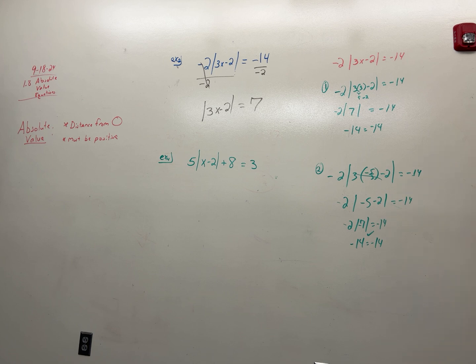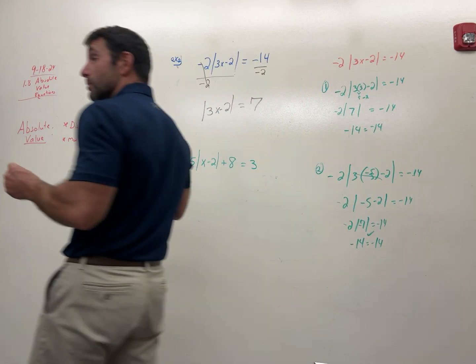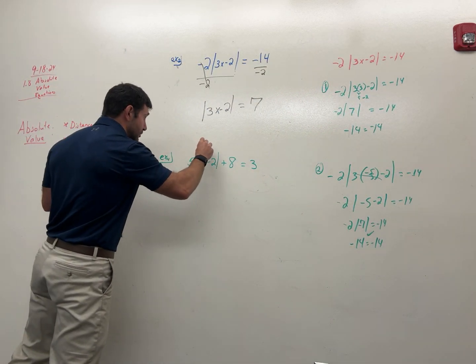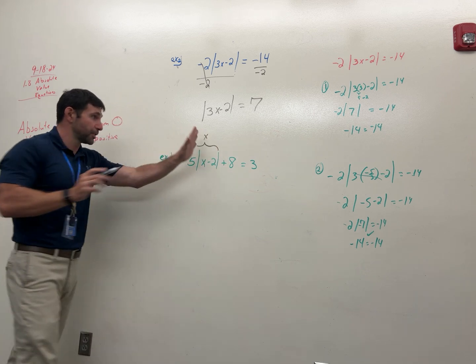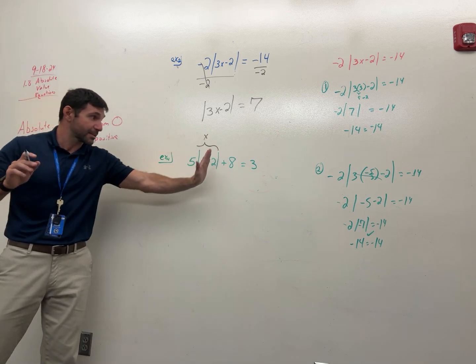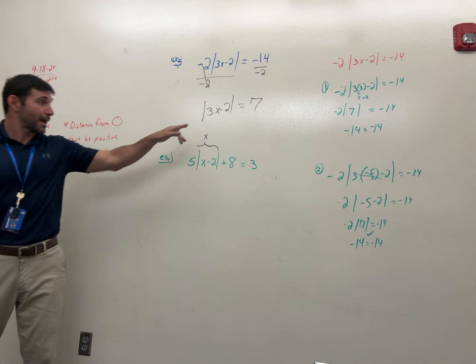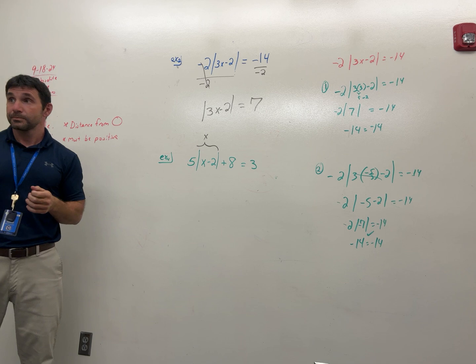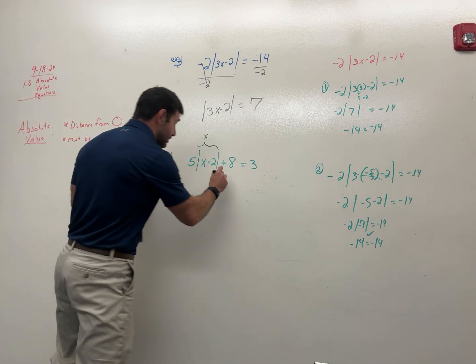This one really is easy. Write it down, let's do it together. What I've been trying to get you guys to understand is the absolute value is like an x. That whole thing is like an x, so just think that this is saying 5x plus 8. How do we isolate the x? What do we do first? Subtract 8 from both sides.